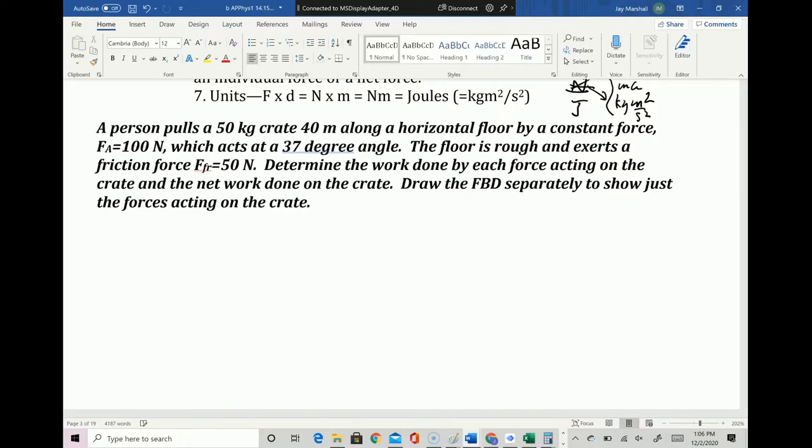If I have my free body here, what are my forces? Gravity, the force due to gravity. I know that that's equal to mg. That may or may not be important here. What other forces? Friction. I've got a friction force of 50 newtons opposing the motion of the box.